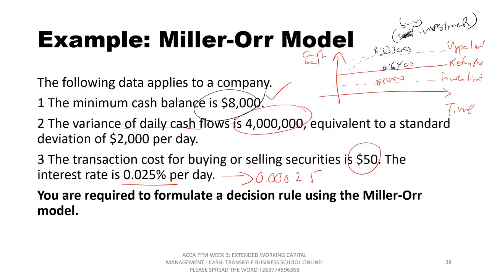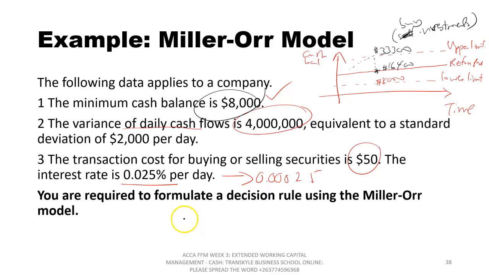Do we use the full 33,300? If we use everything, we'll run out of cash. So we need to buy only an amount that will leave us back at 16,400. So we need the difference.